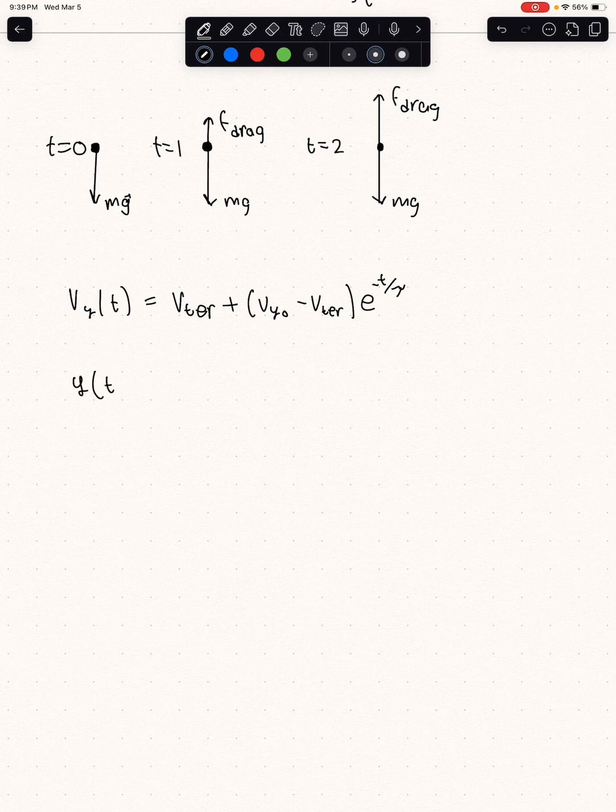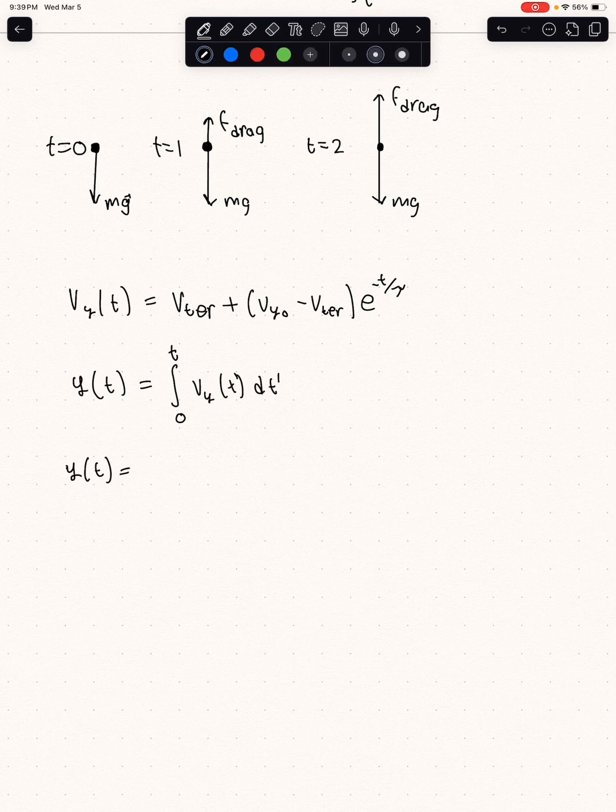So the position as a function of time is going to be the integral, and you start at time equals 0 and go to some arbitrary time t of v y dt prime. Remember, put a prime to differentiate the integral bound and the integrand variable.